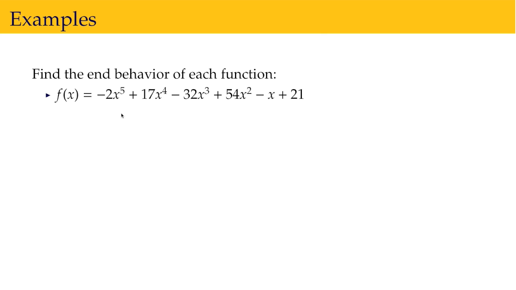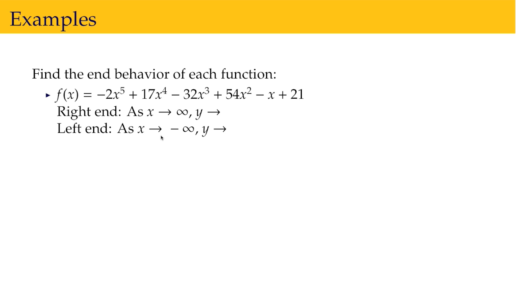Now, let's have some blanks here. I want to know the end behavior for both my right end and my left end. Now my right end is always where the x values are going towards positive infinity. My left end, always the x values will go towards negative infinity. It's really a question of what the y's are doing.